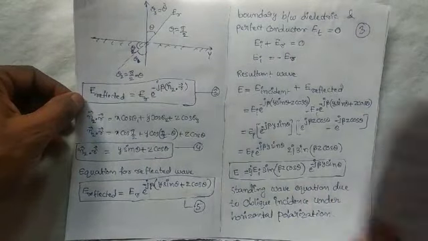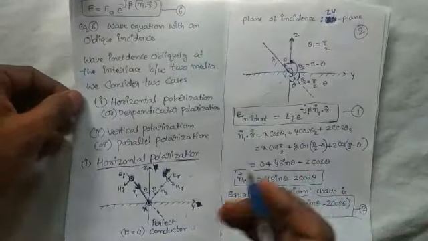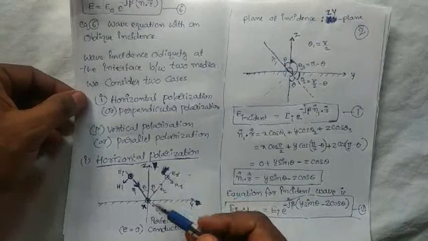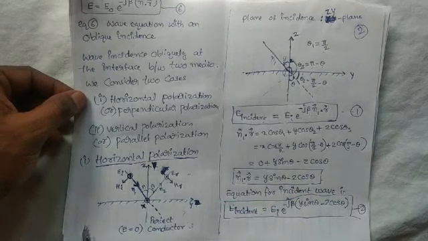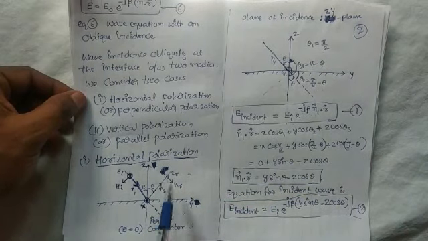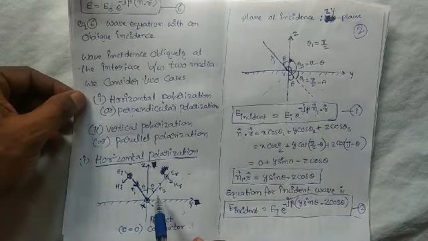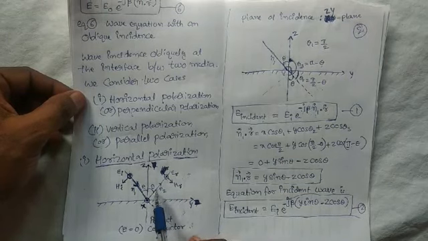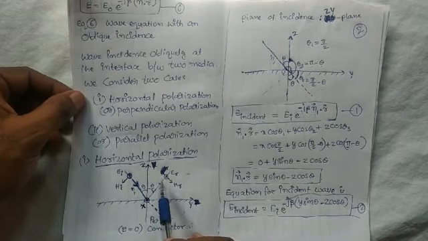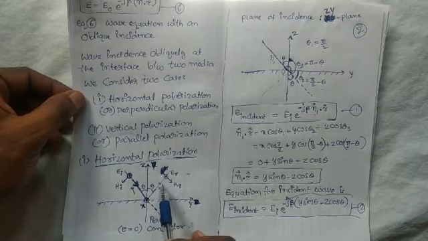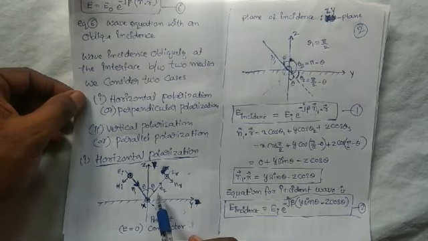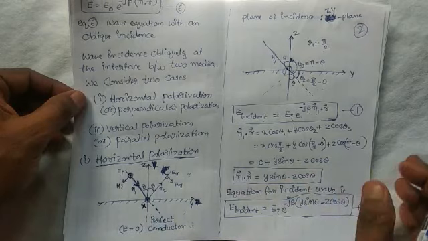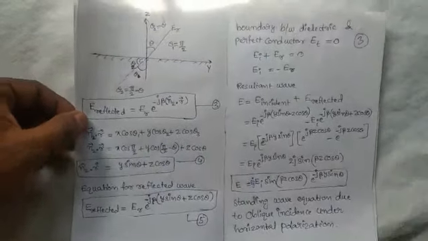Similarly, we determine the wave equation for the reflected wave. This reflected wave also makes angles with the x-axis, theta 1, the y-axis, theta 2, and the z-axis, theta 3, as indicated by this figure.